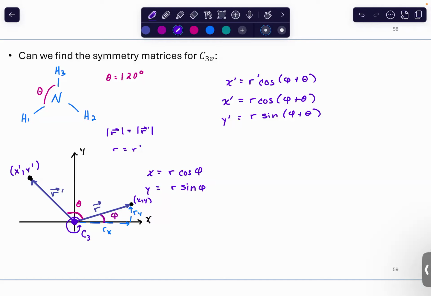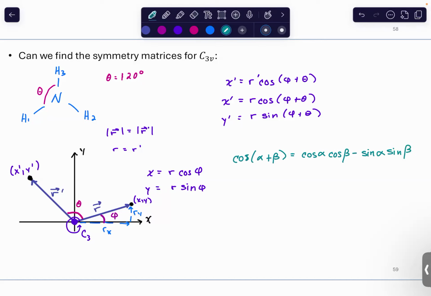Now, our trig identities. Cosine of alpha plus beta is going to be cosine alpha cosine beta minus sine alpha sine beta. And right now you may be going, how is this going to simplify everything?